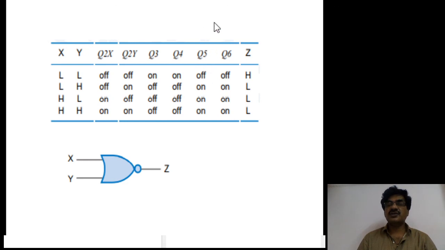If Q5 is off, the output is logic high, and if Q5 is on, the output is logic low. So this is the truth table of the NOR gate, and this is the symbol for the NOR gate.